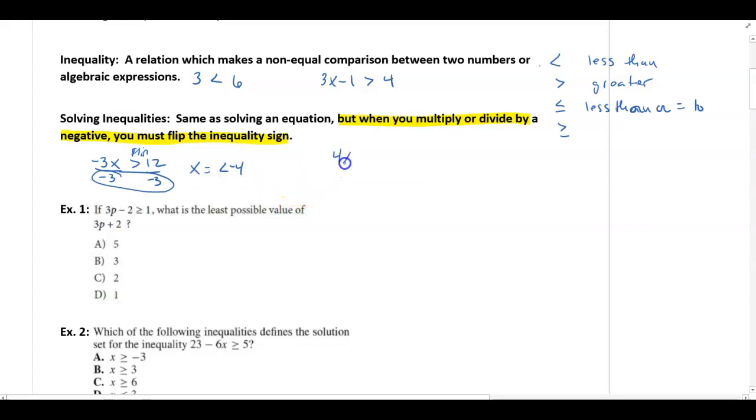A lot of people will mix it up. If I give you something like 4x is greater than negative 20 and I divide both sides by 4, you have to understand I don't flip the inequality sign here because I'm not dividing by a negative. Therefore, it would just be x is greater than negative 5. Here we flip, here we don't.